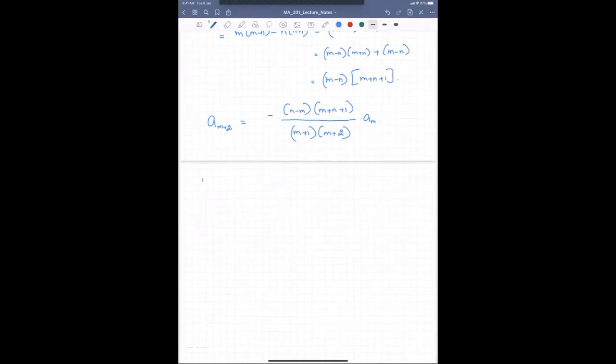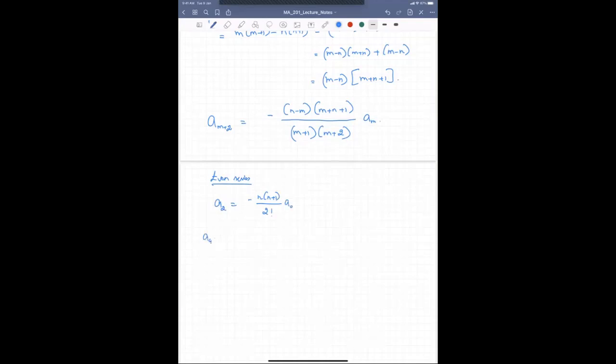So let us choose m equals 0. That means if I substitute m equals 0 here, I'm generating the even series. So a2, if I put m equals 0, what do I get? My n is something I don't know. So this is minus n times (n plus 1) divided by 2 factorial, a0.